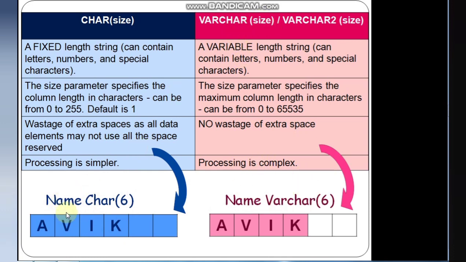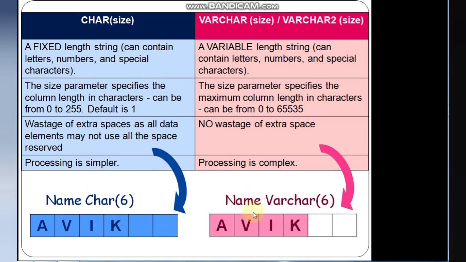Now see, if I take a field name char6, that means 6 memory blocks have been reserved for this particular field name. Now suppose you have taken a name Avik. It is taking only 4 blocks, so the rest of the 2 blocks are still reserved. That means there is a wastage of memory. But the processing is very simple.